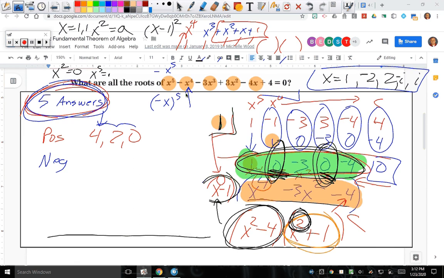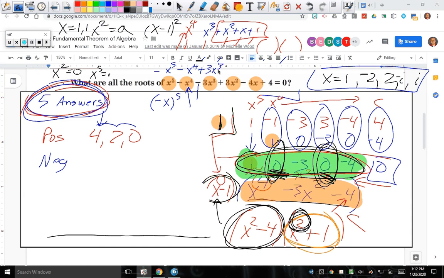What's negative x to the 4th become? Positive. But it's still subtracting, so I'm going to subtract that positive. Let's do it again. X cubed will become negative x cubed, but I'm subtracting, so it'd be plus 3x cubed.